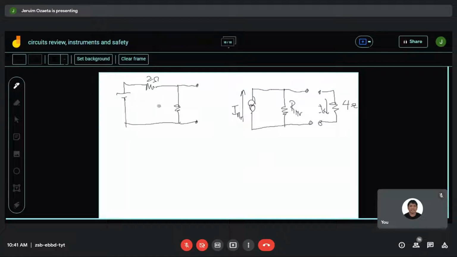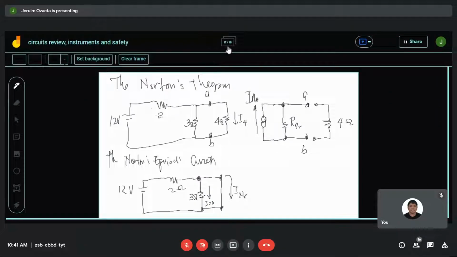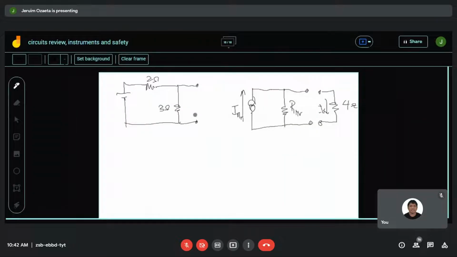This is 3 ohms. How many volts did we designate? 12 volts. 2, 3, okay.